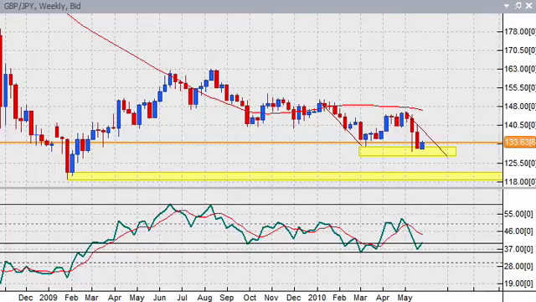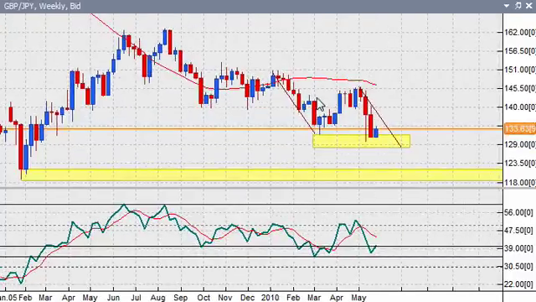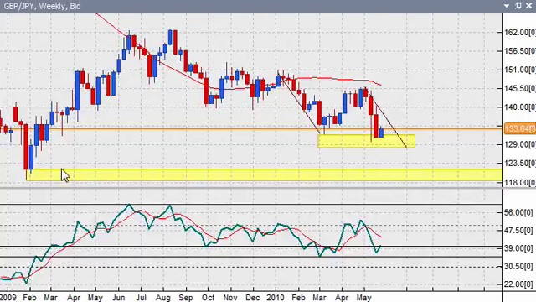Moving on to the pound yen pair now, we see the market is testing this previous low, threatening to break it, and if it breaks, it could head down to near the 118, 119 area, which is the 2009 low. Here the RSI is testing its bullish range support.